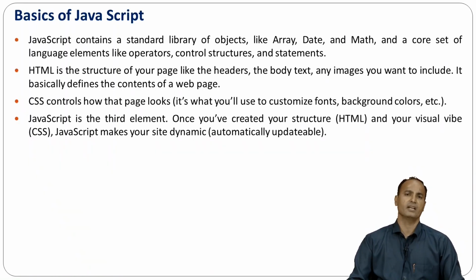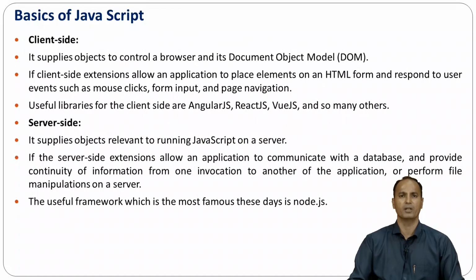JavaScript is the third element. Once you have created your structure in HTML and the visual look using CSS, JavaScript comes into the picture for the dynamic, updatable environment. As we said, it works at both ends, at the client side as well as at the server side. It supports objects to control a browser in the form of the document object model.